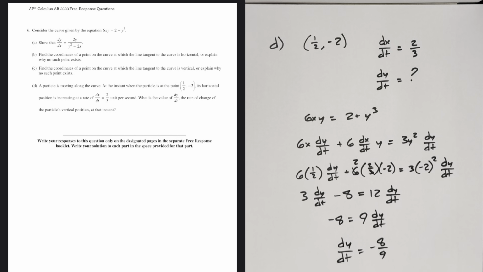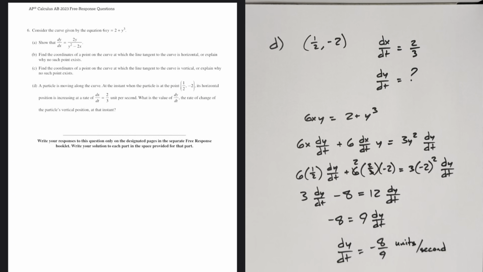The question specifically said that the units for dx dt were 2/3 units per second. So in the same way, I might say units per second just to appease the AP. It doesn't really say to give units, but I would probably put the units regardless. But that is our final answer.